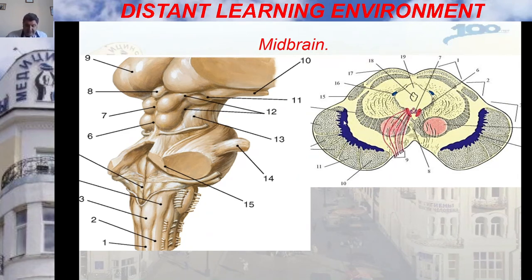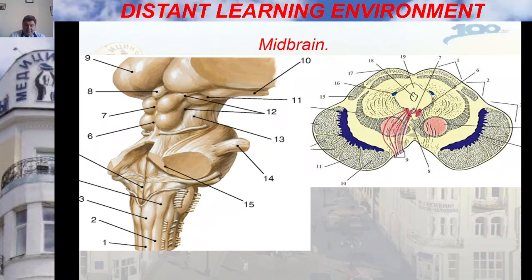You may see this nucleus with pigment melanin contained in its nerve cells. Substantia nigra extends for the whole length of the cerebral peduncle from the pons to diencephalon. In function, it's related to the extrapyramidal system.